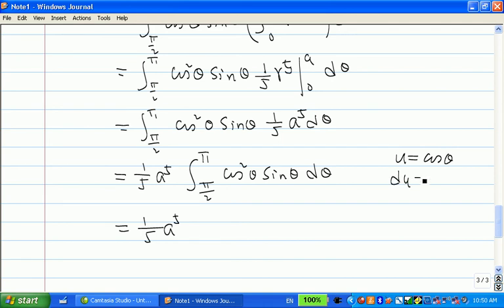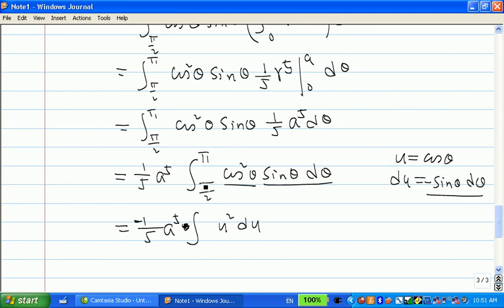Then your du equals minus sine theta d theta. Then cosine theta is u, so you get u squared. Sine theta d theta gives you negative du. I put the negative here, otherwise you get confused by the minus. Okay, you can change those two things.